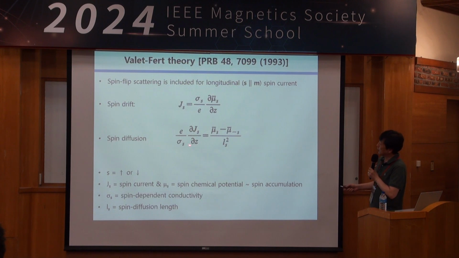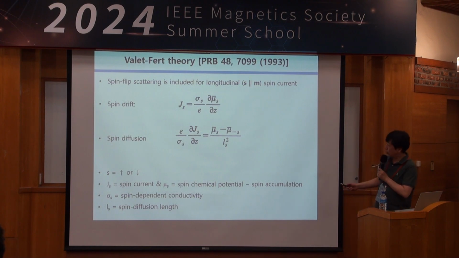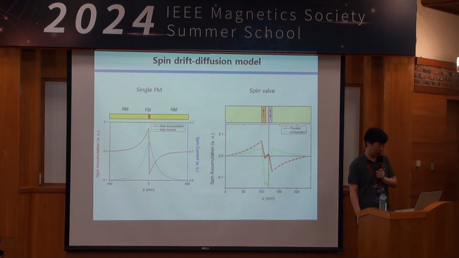And spin diffusion is given by this equation. So by incorporating these two equations, you can include the spin flip scattering, which is characterized by this l_s, which is the spin flip length. Here is an example.